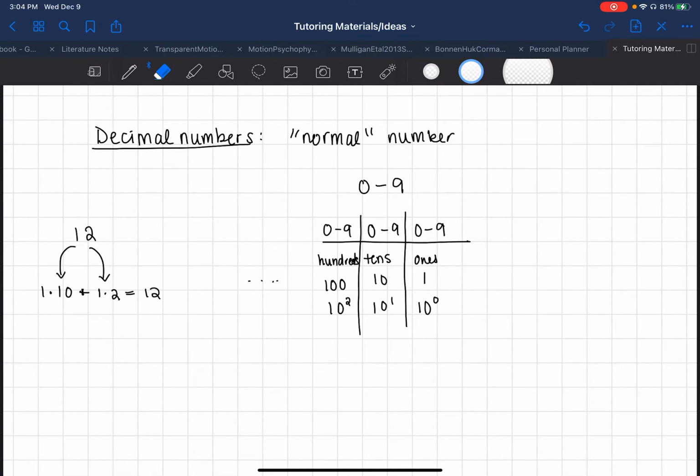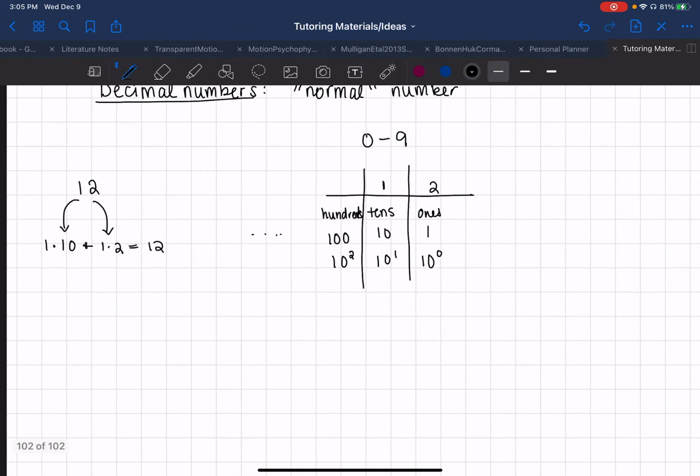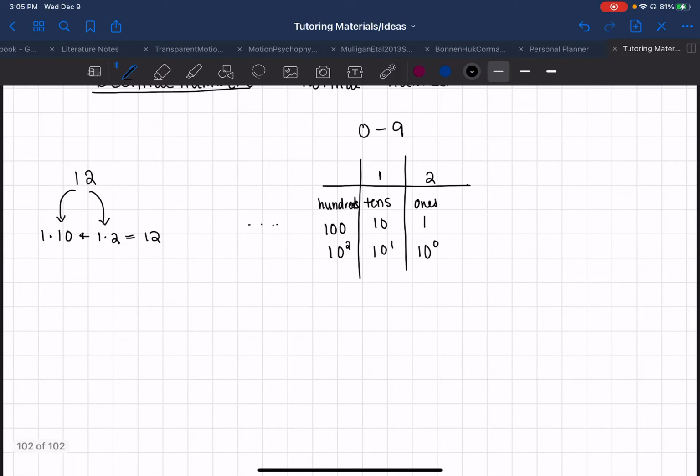And we could also represent that in our columns, by saying that we have a 1 in the tens place and a 2 in the ones place. So again, this is kindergarten, first grade stuff, but I think it's good to review how decimal numbers work and how they're structured so that we can then go on to talk about binary numbers.